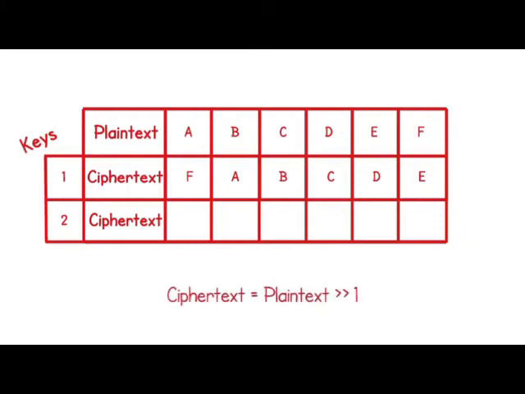In this case, the key for the first row is 1 and for the bottom row is 2. The formula we use for K1 is ciphertext equals plain text shifted by 1. But for K2, the values of the ciphertext are shifted by two places.